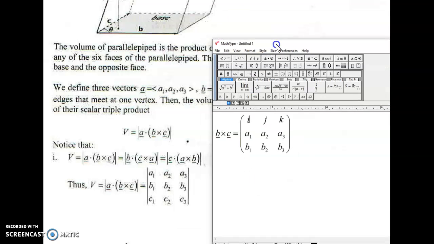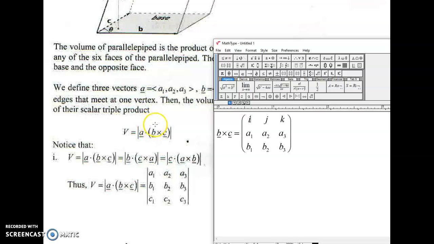If you can see here, we have a cross product in the bracket, and this is how we calculated the cross product before.